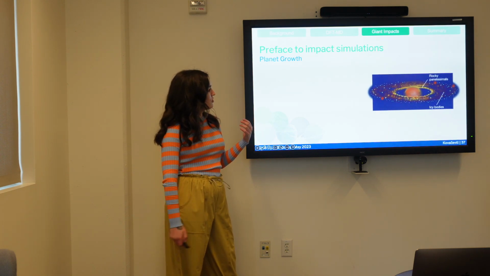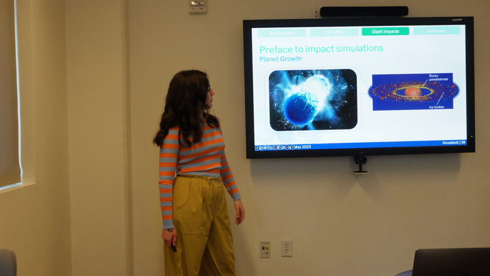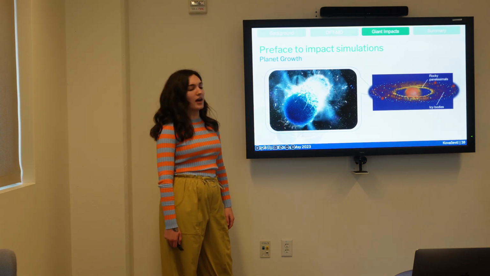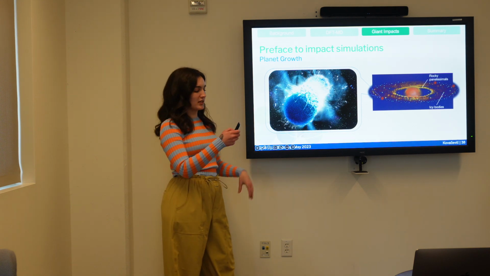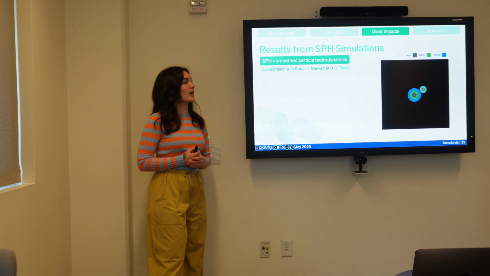Here I have an image of that, a cool one I found on Google. We're going to look at ice-rich bodies banging into each other and see if the temperatures can get hot enough for rock-ice mixing.